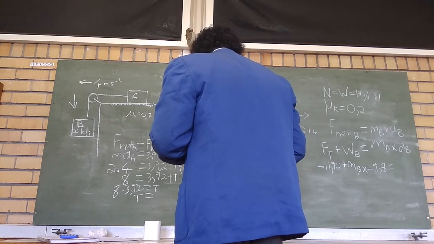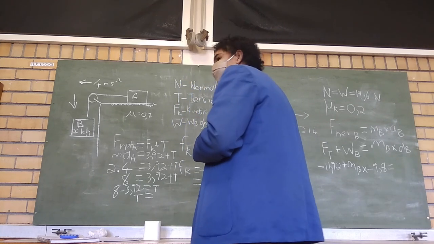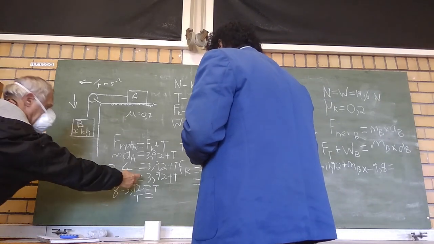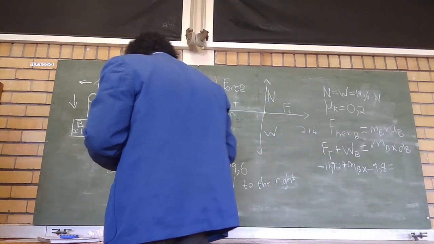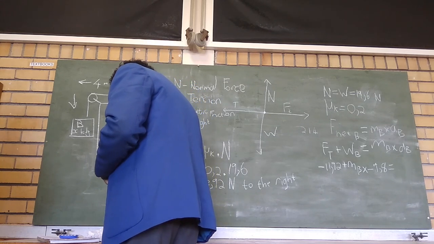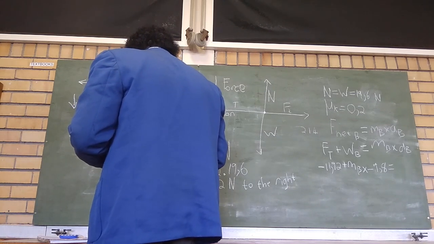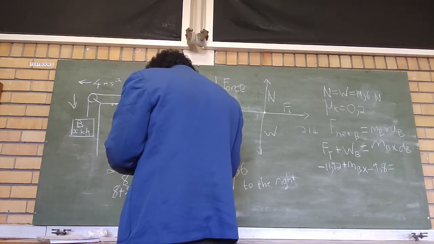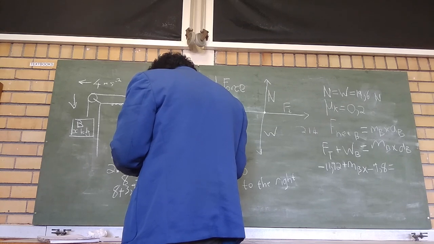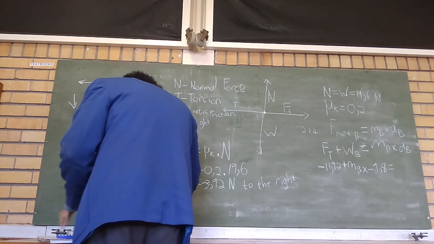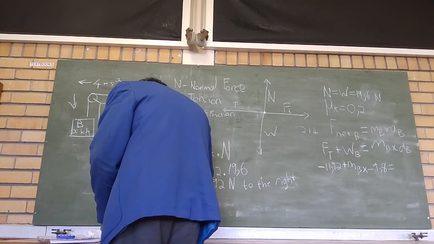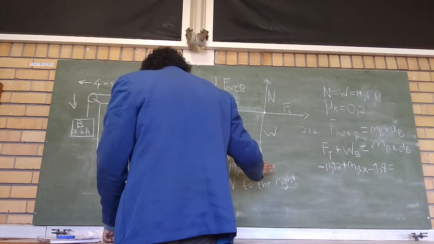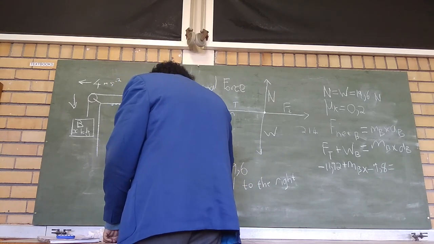I'll show you, here is where it needs to be negative. And then it becomes that. So T is 11.92. Great.